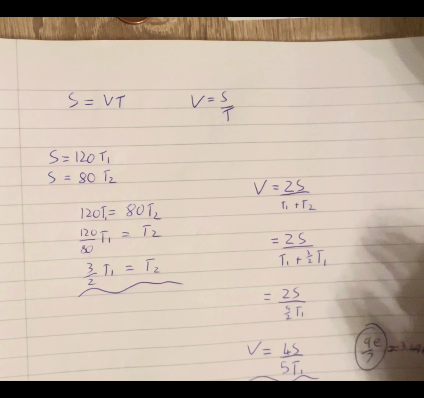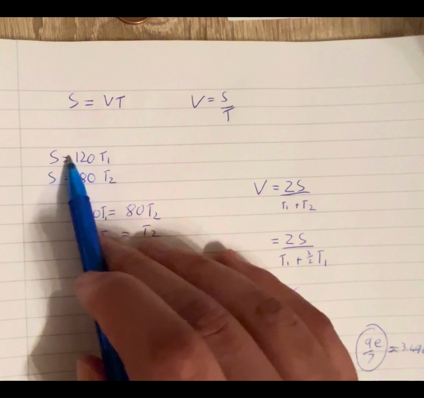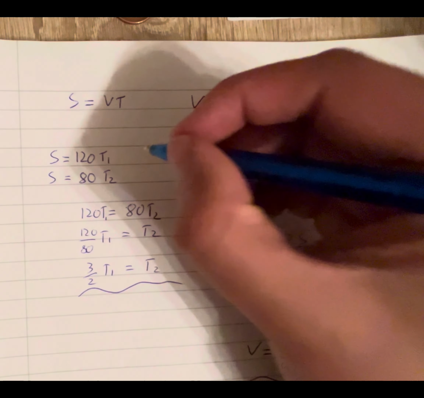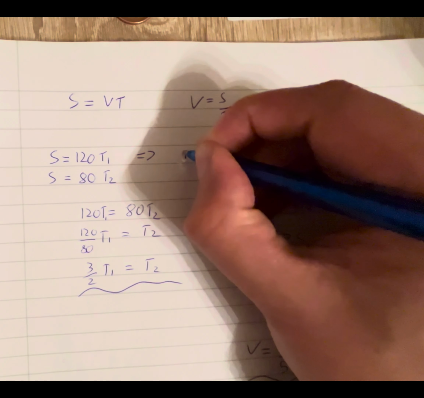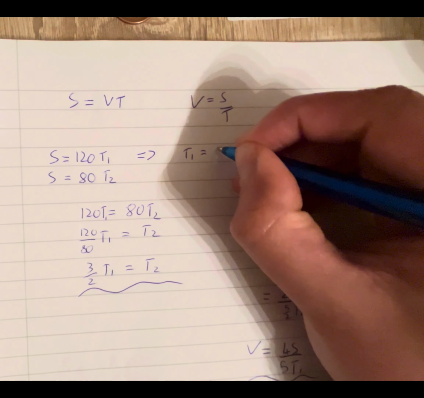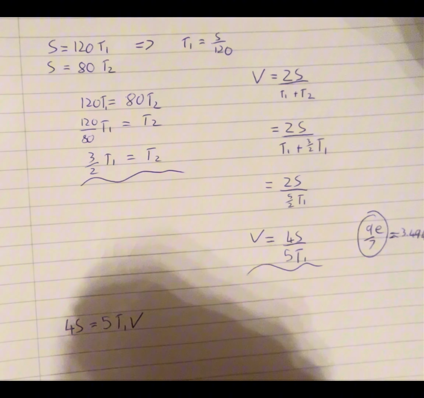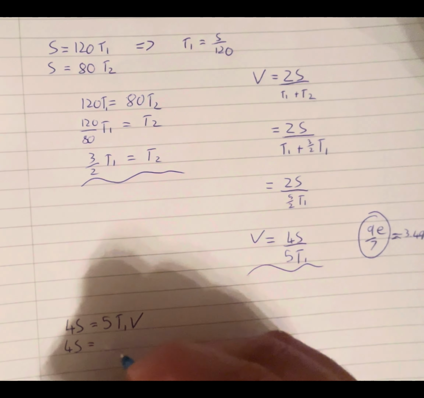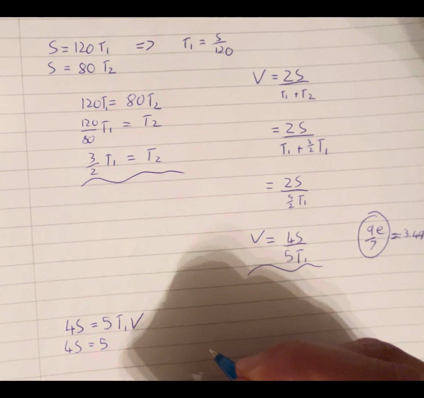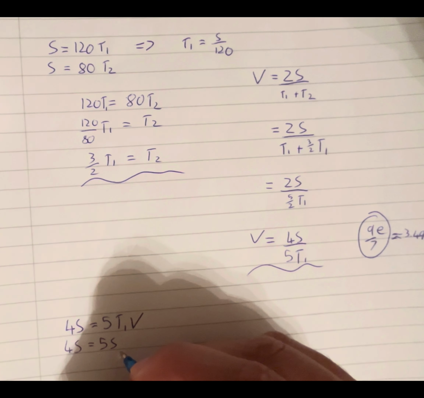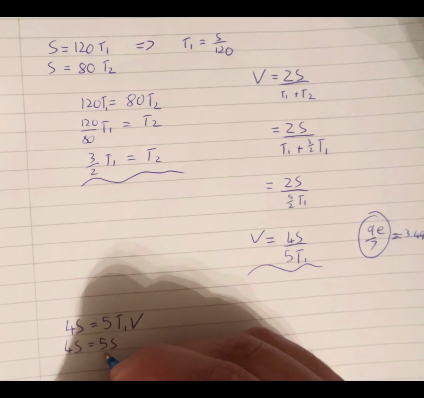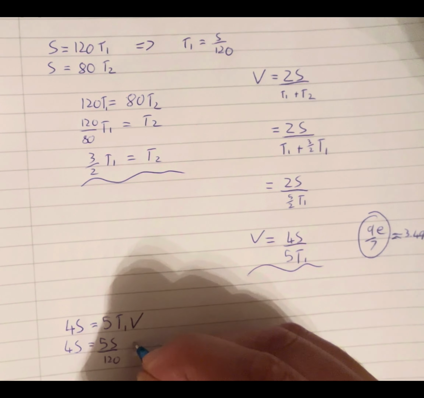And we have an expression for t1 up here, which you can just rearrange to get t1 equals s over 120. So I got 4s equals 5s over 120v.